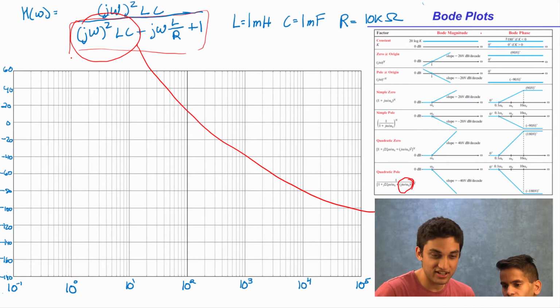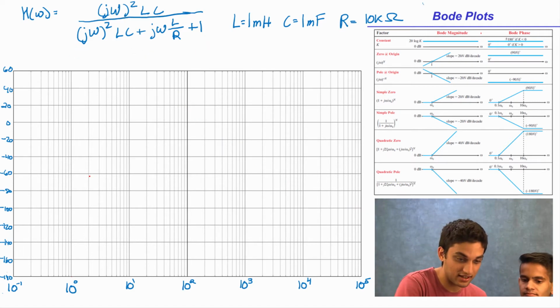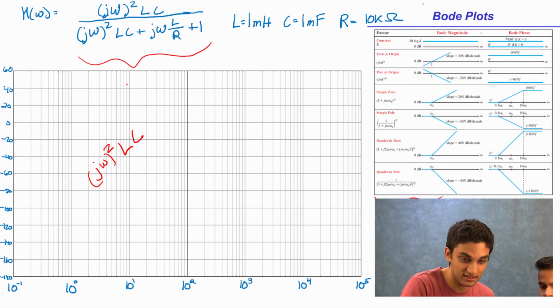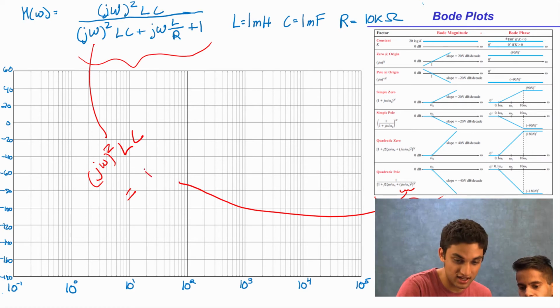So trying to find omega c, we can pattern match these two, and we get that j omega squared times LC from here is equal to this term over here, which is j omega squared divided by omega c, the whole squared.